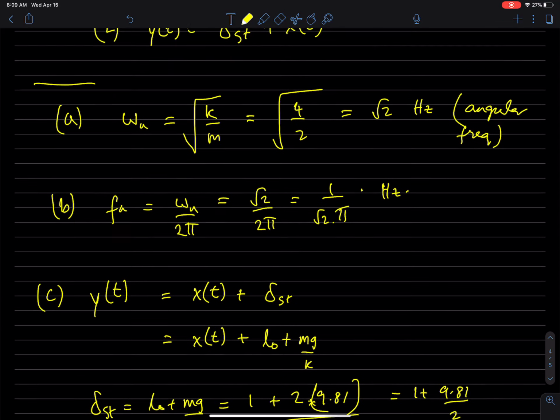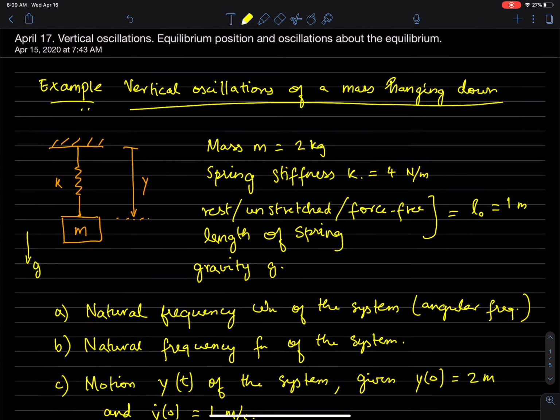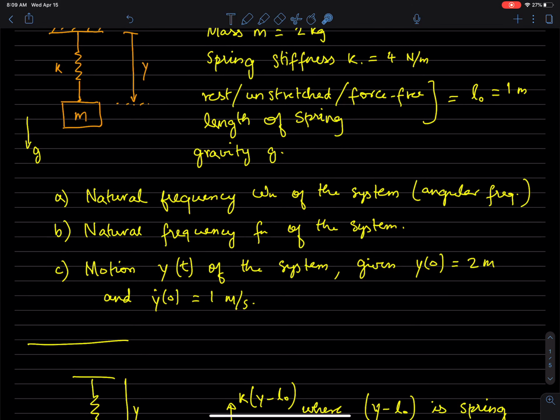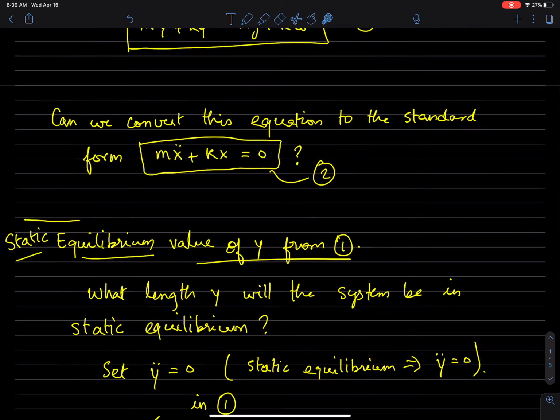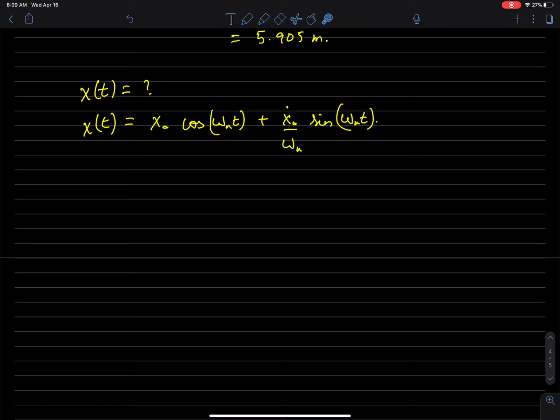What is given is initial conditions. If you go back up, what is given is initial conditions in terms of y, not x. So let's write that down. y of 0 is 2 meters. y dot of 0 is 1 meter per second. So y naught is 2 meters and y dot naught is 1 meter per second.